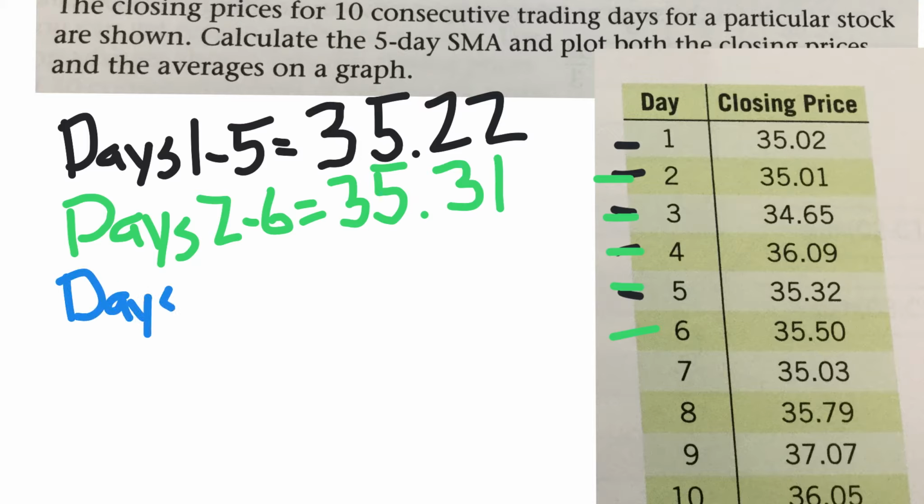For days 3 through 7, you must have forgot a number.